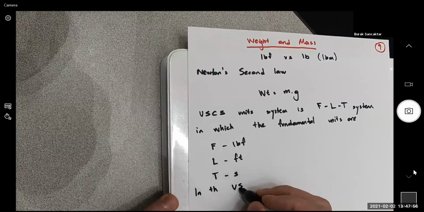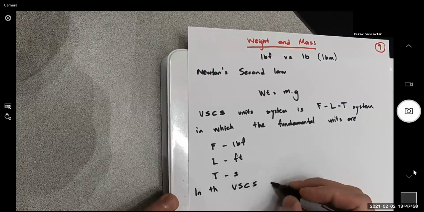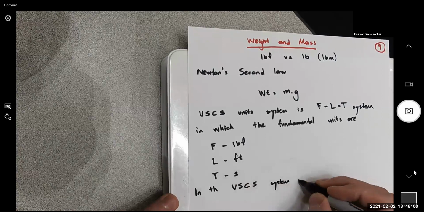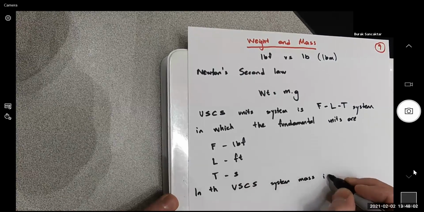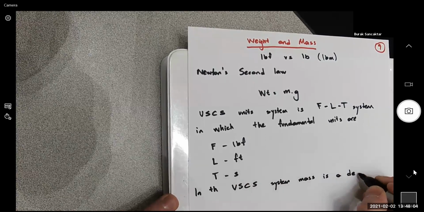In the US customary units system, mass is a derived unit.